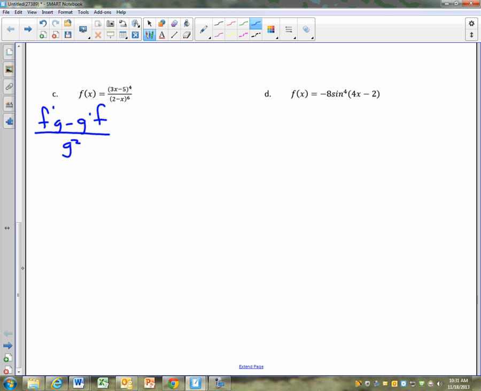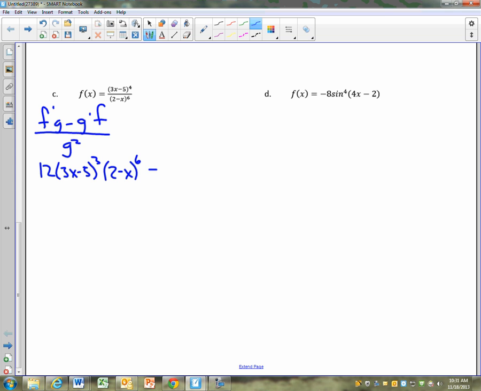So, what is f prime? 12 times 3x minus 5 to the third, times the bottom left alone, which is 2 minus x to the sixth. This works out really nicely, everybody. Really nicely. Okay.